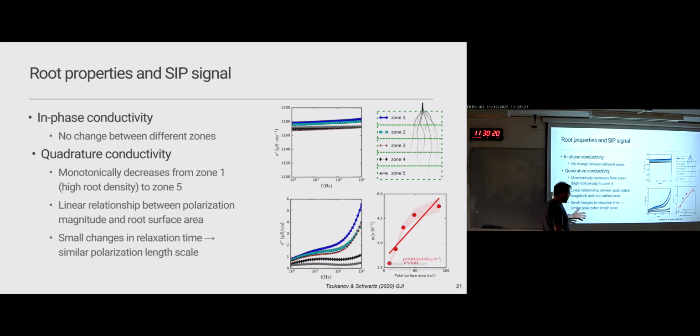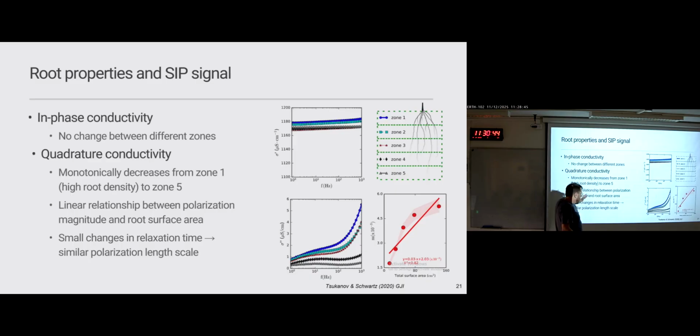Another feature of those electrical spectra is the relaxation time. This is the frequency at which we have a peak in polarization at the low frequency range. And this is related to the polarization length scale, right? Like the particle radius that we discussed before.